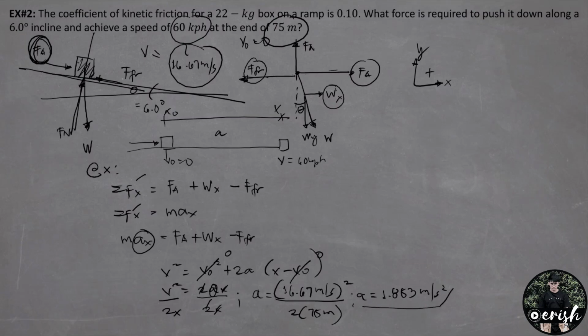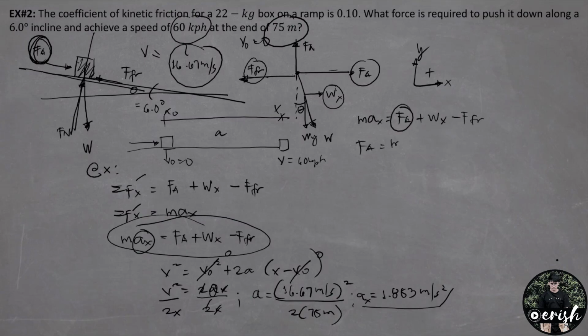Ang hinahanap natin is yung force applied. Alam na natin yung acceleration at x. Pwede na natin i-apply dito sa equation na to solve for the force applied. M times the acceleration at x equals force applied positive plus weight x minus force of friction. Solving for the force applied is equal to mass times the acceleration minus weight sub x plus force of friction.